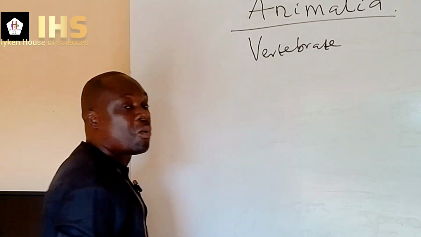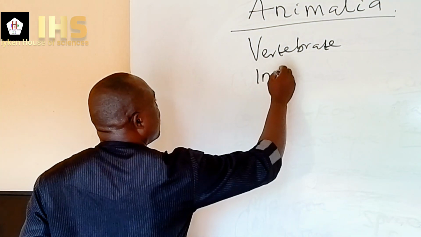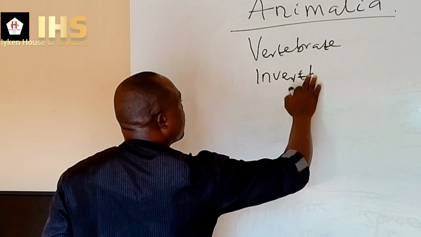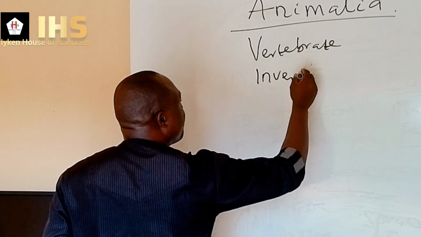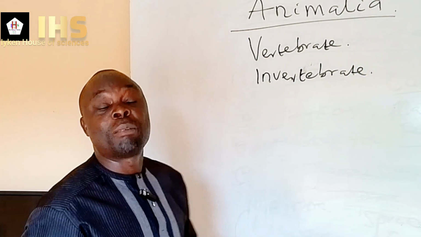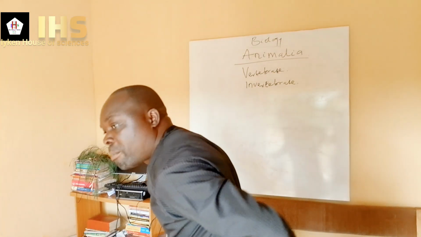While those that do not have backbone are called invertebrate animals. What are the vertebrate animals? There are those animals that have backbones, while those without backbone are called invertebrate animals.